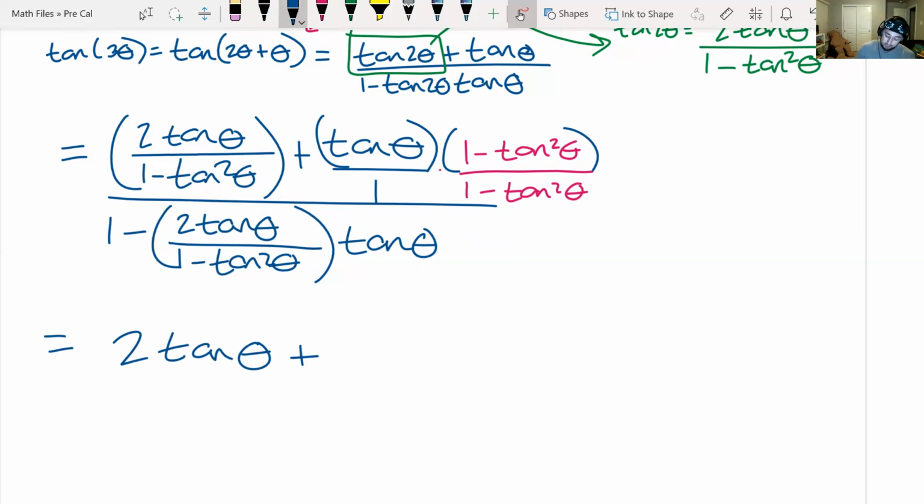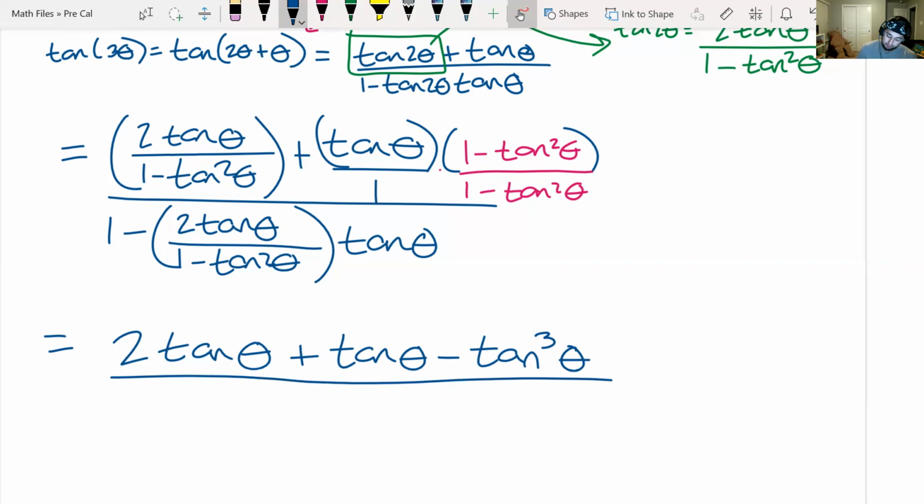So that'll give me tangent theta minus tangent cubed theta all over the same denominator of 1 minus tangent squared theta. So this is all happening in the numerator.